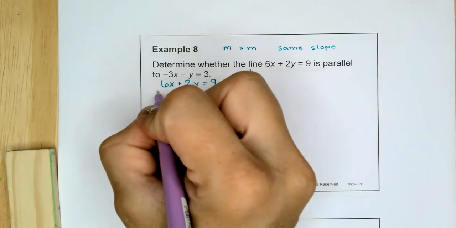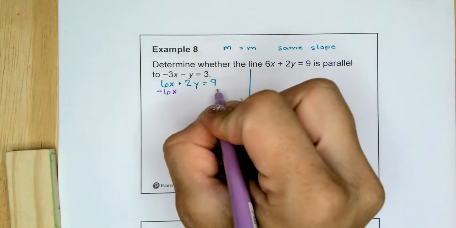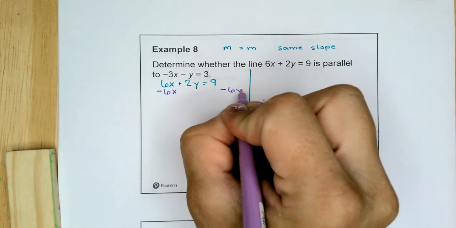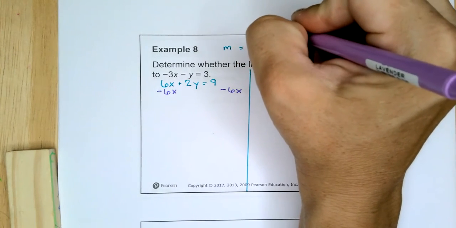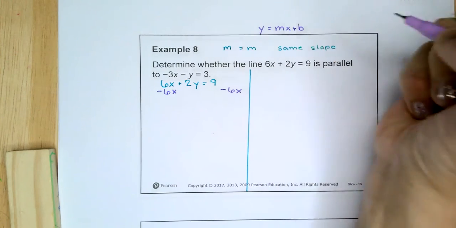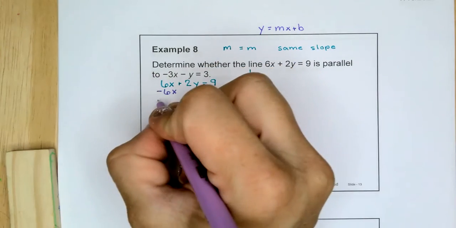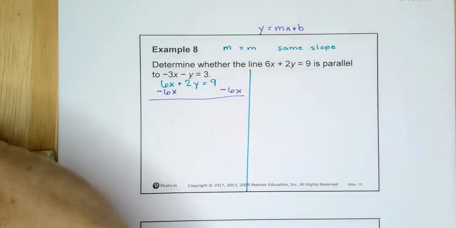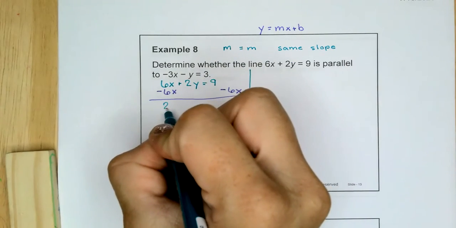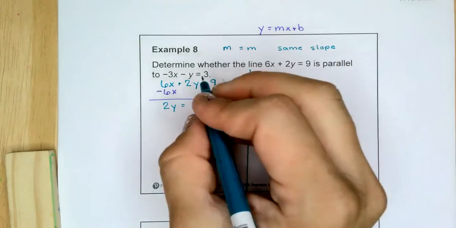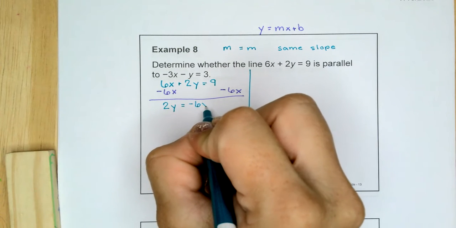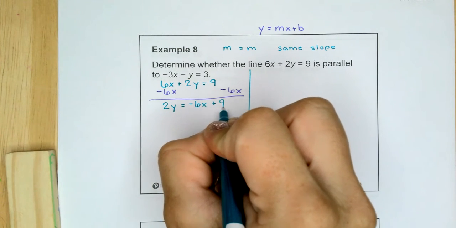And then we will subtract 6x to get y alone. And so I'm trying to get it in y equals mx plus b form. So now I have 2y equals, and since I want mx in front, I'm going to put the negative 6x in front plus 9.